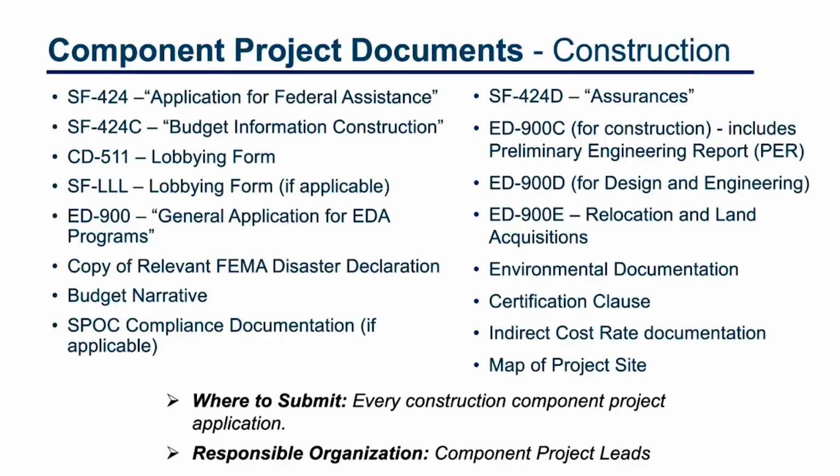If you're doing a design and engineering application and not a construction application, you would need the ED 900D instead of the ED 900C, and so forth. So again, every construction component project application needs to submit the full list of forms and documentation, and that will be uploaded directly by the component project lead.